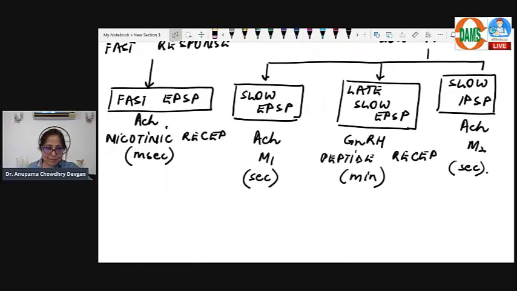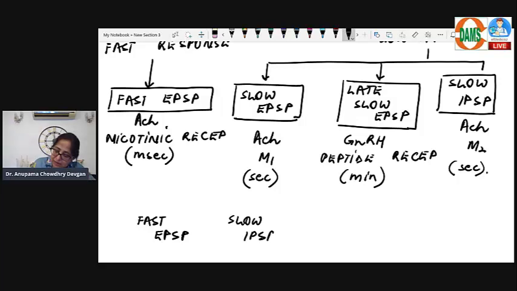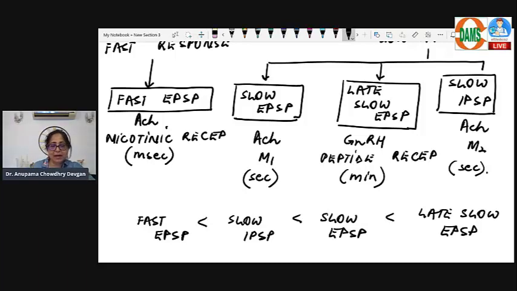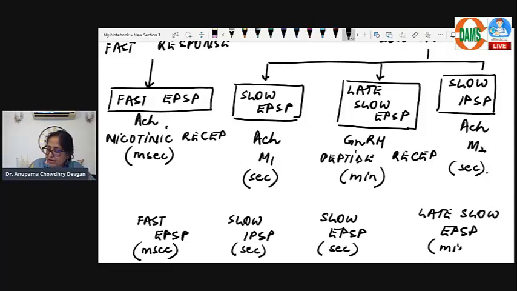In terms of the time taken for response, fast EPSP takes the least time, in milliseconds. Then slow IPSP, which takes less time than slow EPSP, and then the late slow EPSP, which is in minutes.